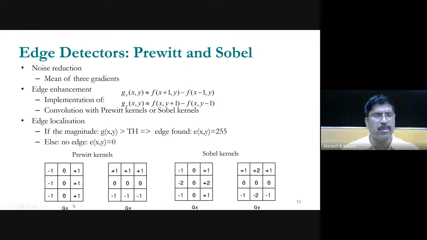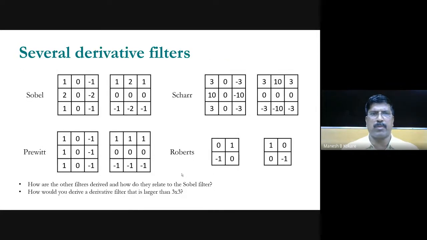So this is the GX operator, and then the GY operator is like this. In case of Sobel, as I said, this is +2, whereas in case of the Prewitt operator, it is +1. The rest of the things remain the same. Here the central pixels are 1, there the central pixels are 2. That is the main difference between the Prewitt operator and the Sobel operator. In the Prewitt operator, all the pixels are given equal weightage, whereas in the Sobel operator, center pixels are given more weightage.